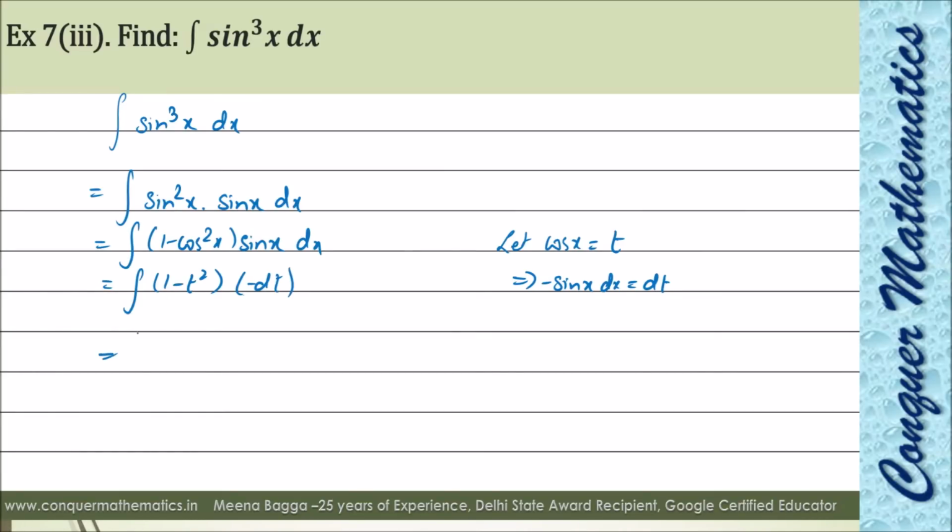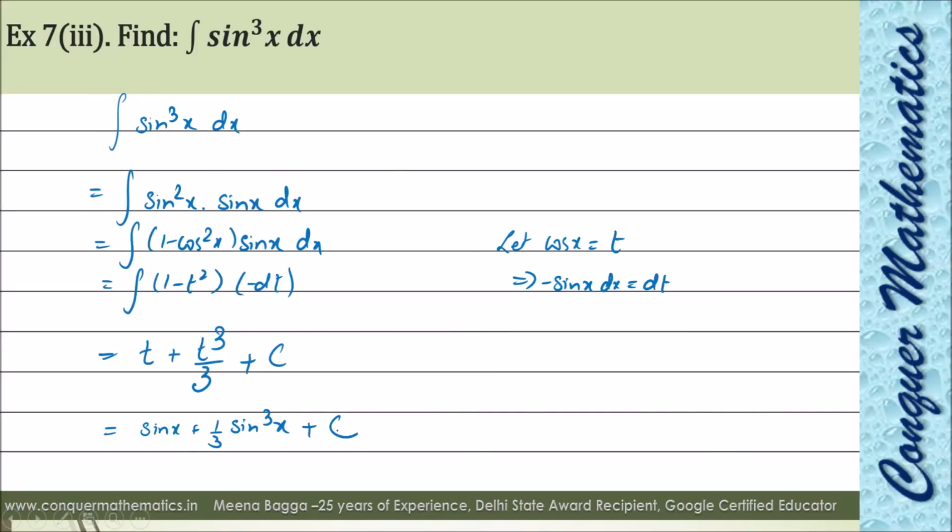That means integral of minus 1 with respect to t will be minus t, and minus minus plus of t square will be t cube by 3, plus constant of integration. So this is nothing but minus cos x plus 1 by 3 cos cube x.